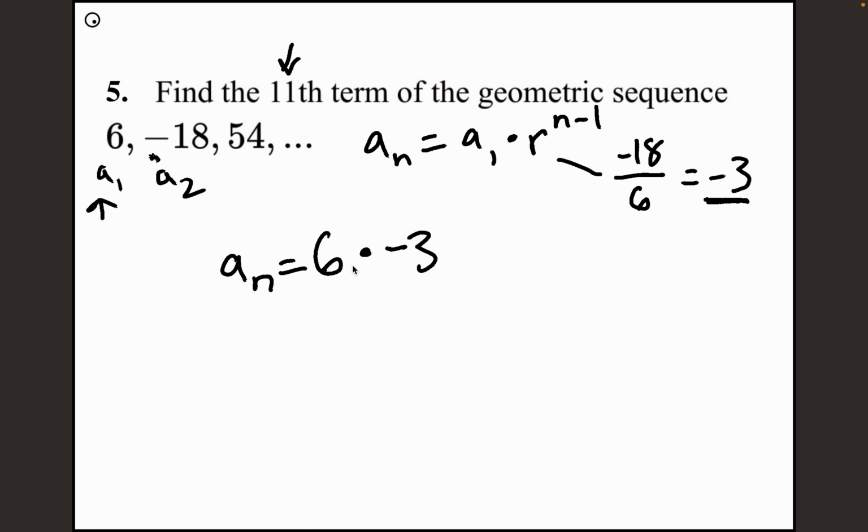If we look, we got 11 as our n, so 11 minus 1. Let's go ahead and simplify. I'm going to put my negative number in parentheses just so I know. So I have times negative 3 to the power of 10. When you put a negative number into your calculator, put the parentheses around it, because that's going to help us tell if it's going to be a positive or negative number.